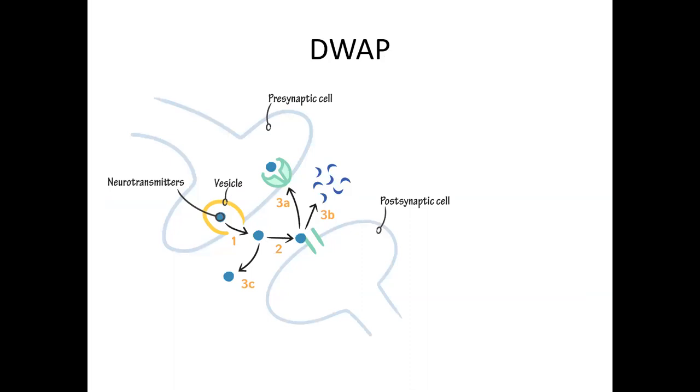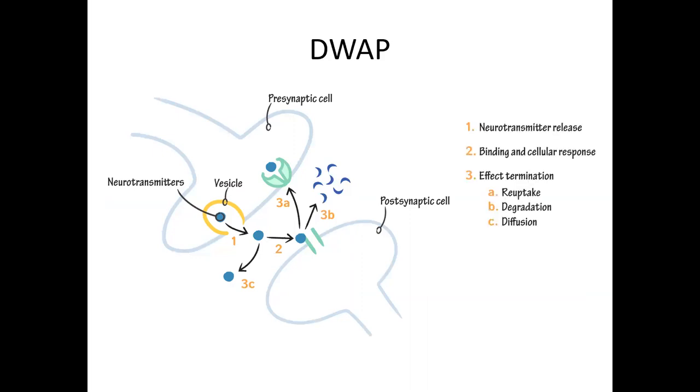So here is a diagram showing pre and postsynaptic cells and things labeled 1, 2, 3A, 3B, 3C. So talk yourself through this process, pause it here, and once you have written everything down, and I would actually suggest writing it down to make sure you have it, then continue on, because I did post answers on the very next slide. So don't go ahead until you have already written down your answers.